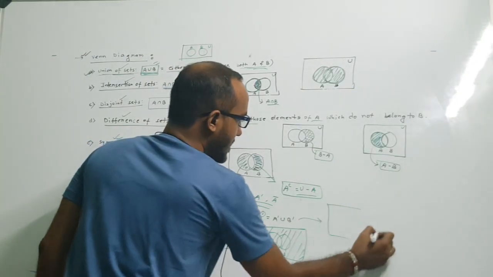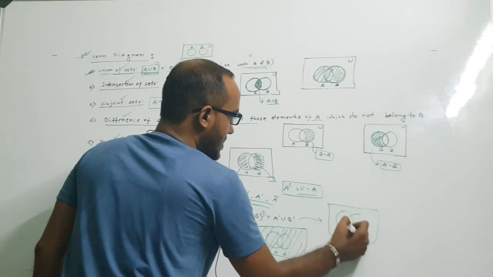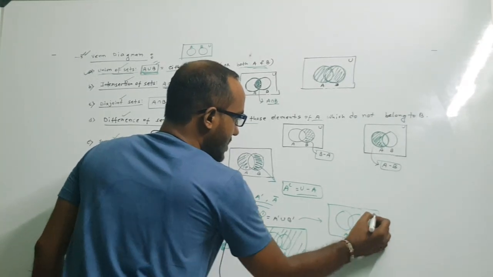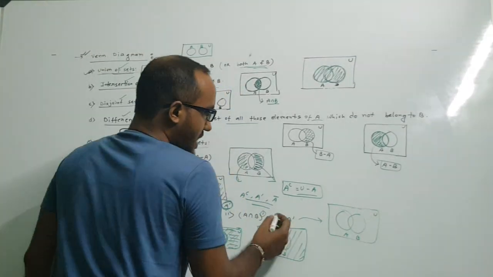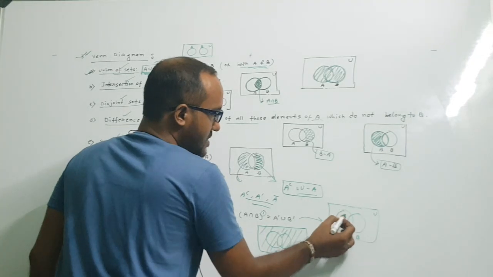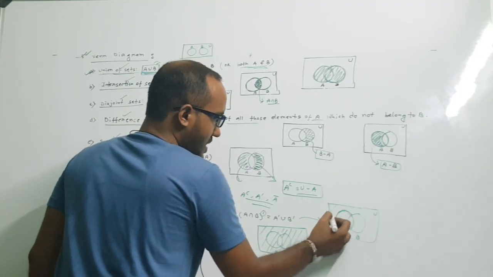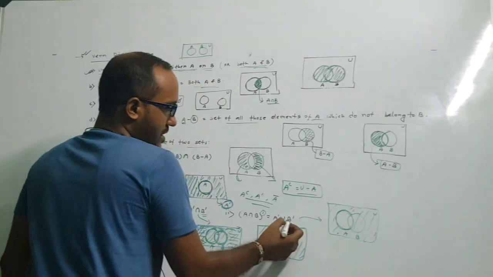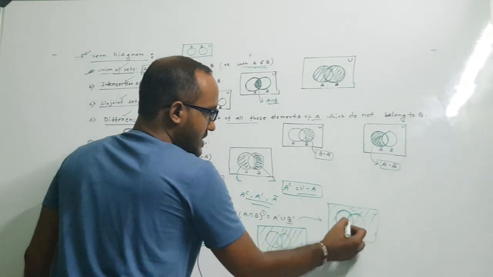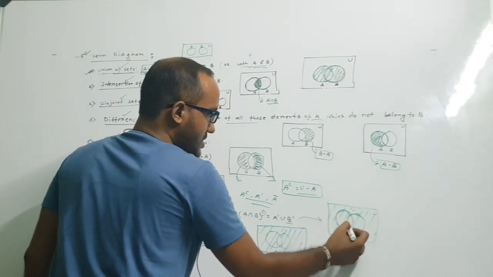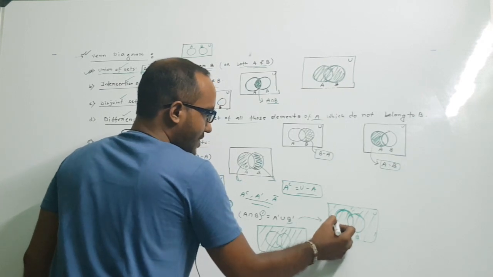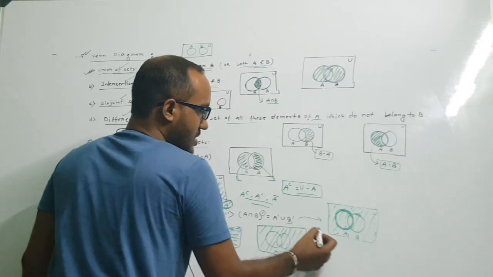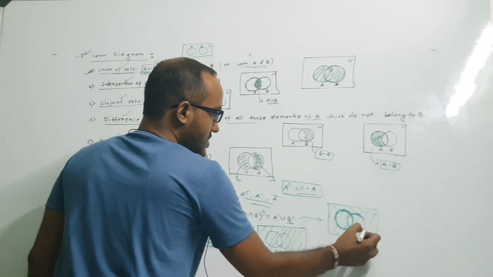Now let us see the diagram for the other side. This is A set, this is B set. Now what will be A prime? A complement means except A, all the elements will come. And B prime is except B, we will have all the elements. So in the first case these elements are omitted, and in the second case these elements are omitted.